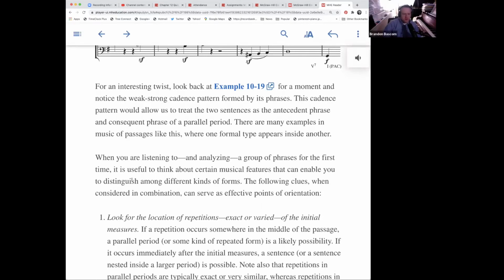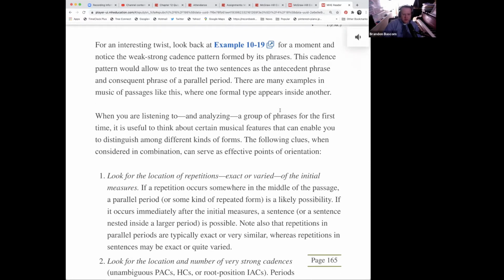So this might help too. When you are listening to and analyzing a group of phrases for the first time, it is useful to think about certain musical features that can enable you to distinguish among different kinds of forms. The following clues, when considered in combination, can serve as effective points of orientation. Number 1, look for the location of repetitions, exact or varied, of the initial measures.